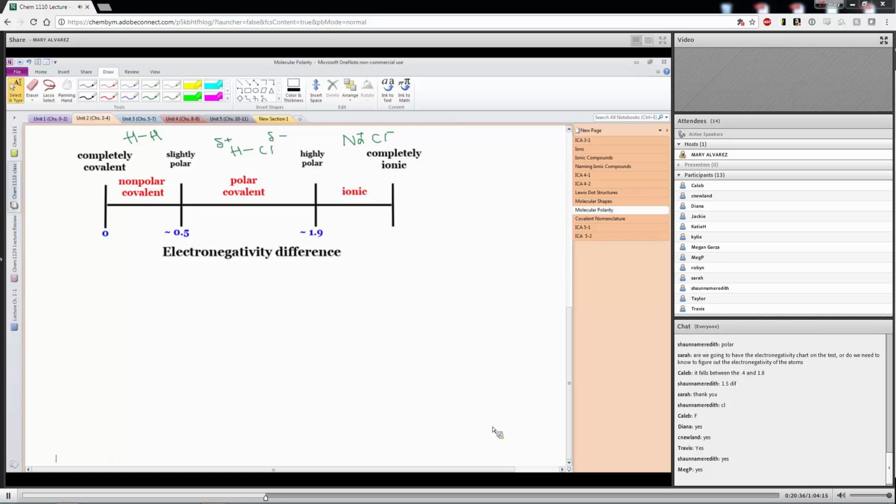I want you to also look at polarity from another perspective, and that is that polar molecules have two poles, like magnetic poles. You have a north pole and a south pole. Here I have a plus pole and a minus pole. In order to be polar, I have to have two poles. There's no such thing as having one pole.